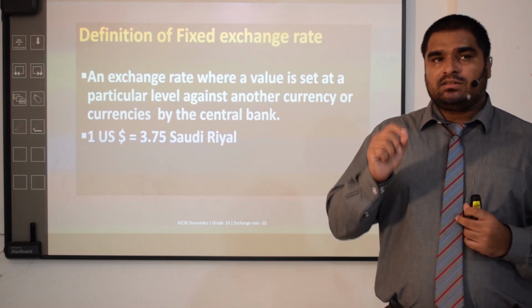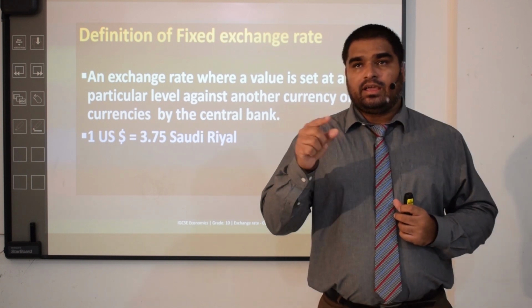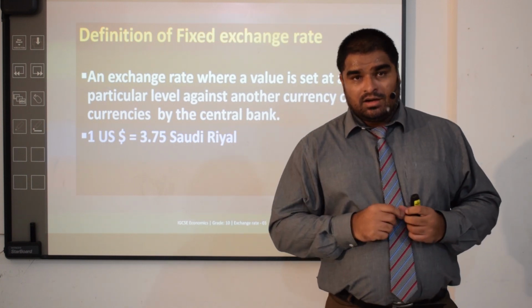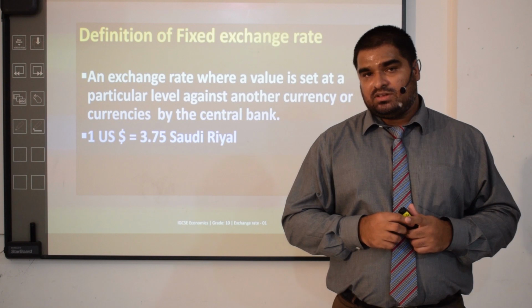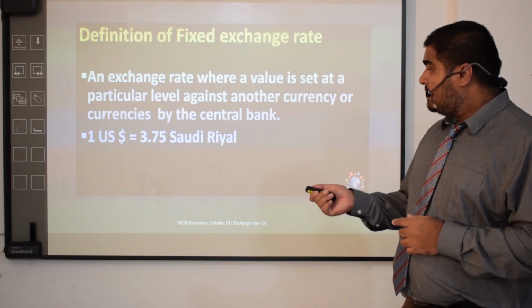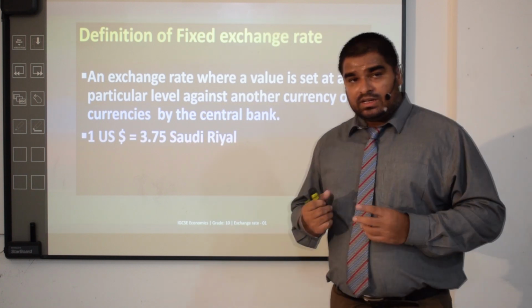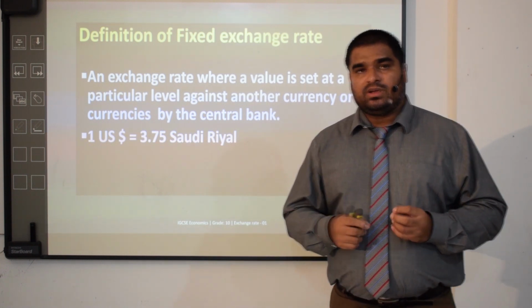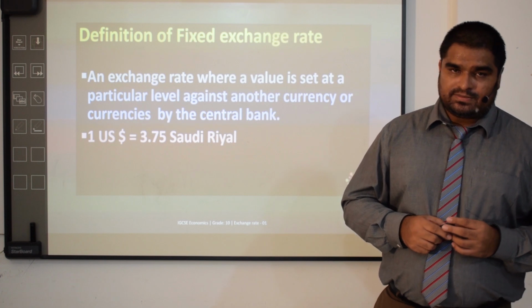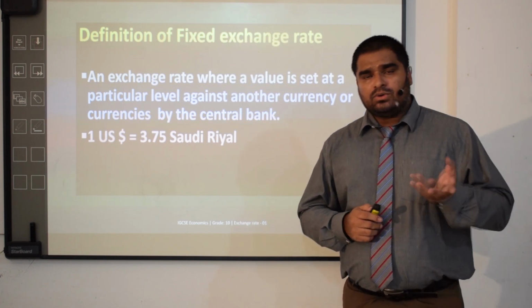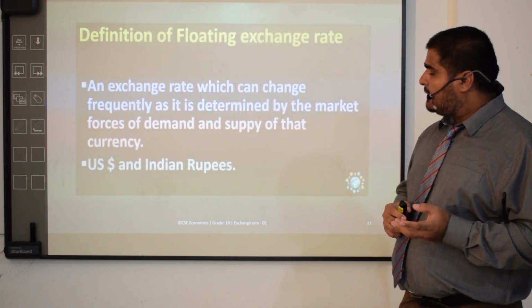They will fix a certain rate against another currency. For example, 1 US dollar equals 3.75 Saudi riyal is a good example you can give of a fixed exchange rate.